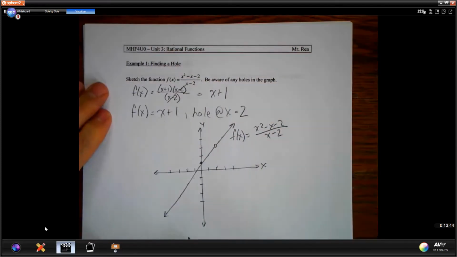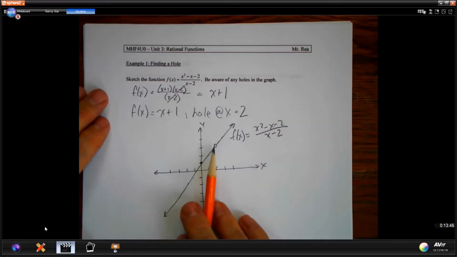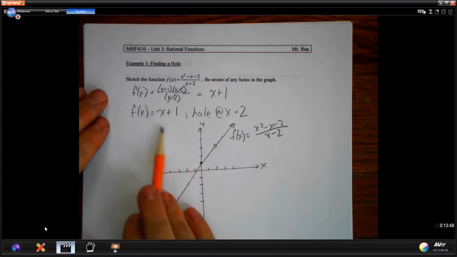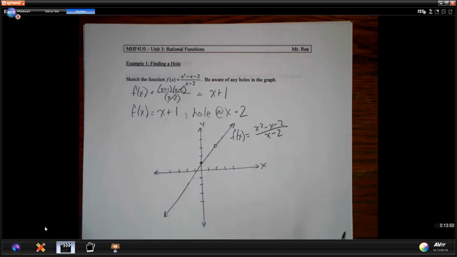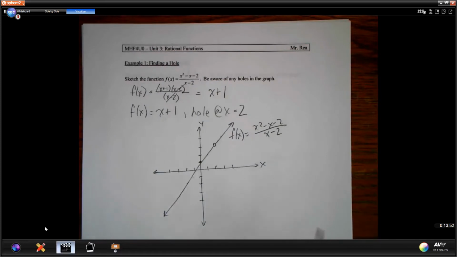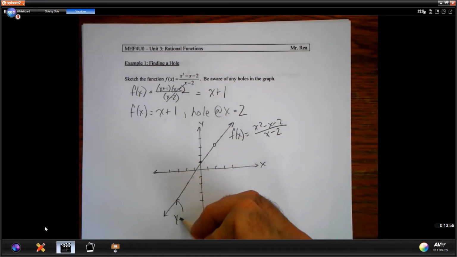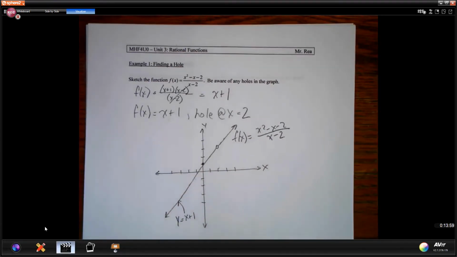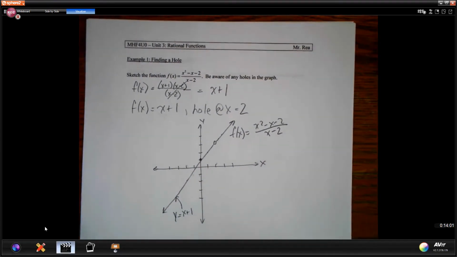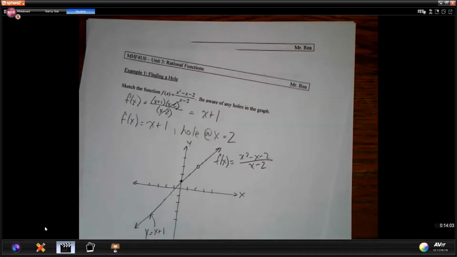Okay? So very important you draw the hole, otherwise it would just be linear to begin with. Okay, and this is my line that I drew, which is y equals x plus 1. Okay, so there's our first hole.